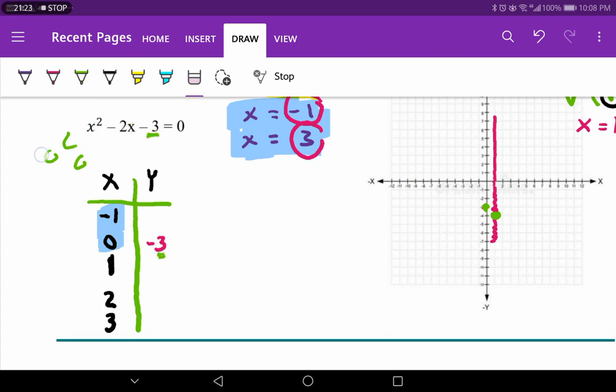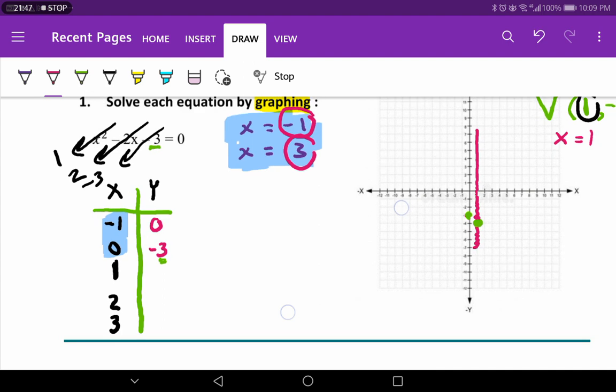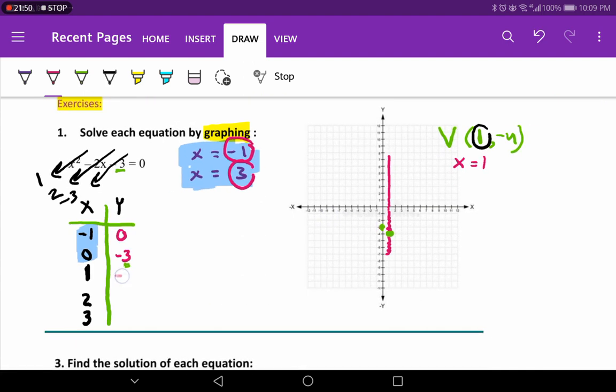Now put -1. This will be 1 and this will be 2. -2 by -1 equals 2, and from here I have -3, so it will give 0. And the one from here, it gives -4 from the vertex here, my dear student.